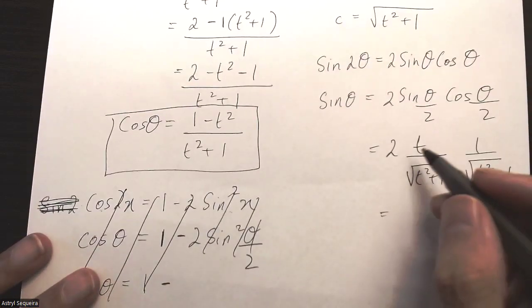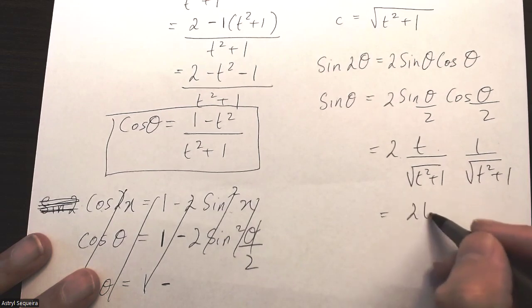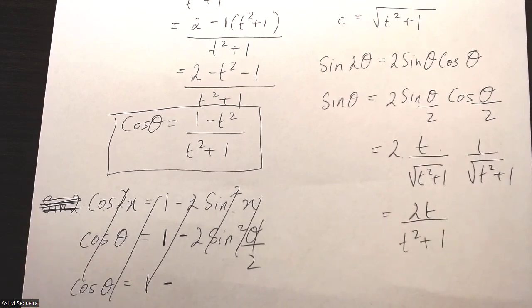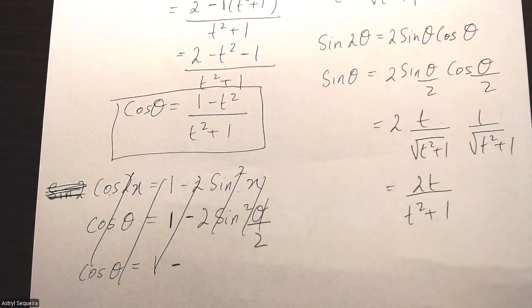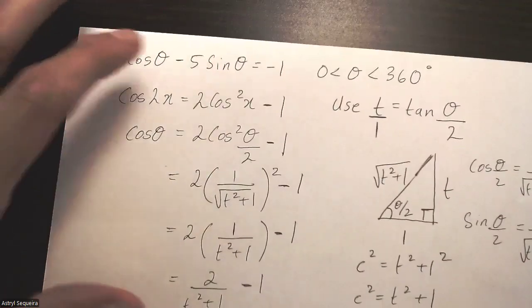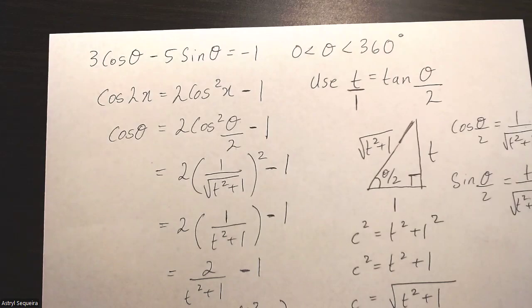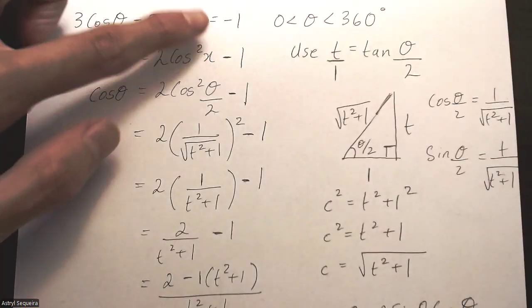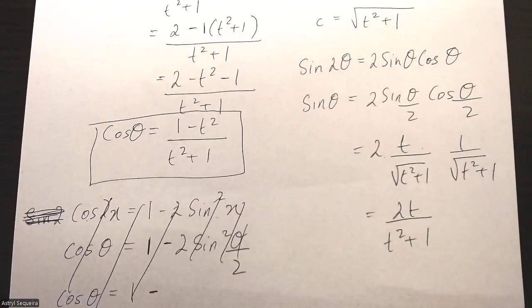Then just multiply these. 2 times t times 1 is just 2t. Root of this times root of this is just t squared plus 1. So now that I've found sine and cos theta, I just have to replace them back into my original equation over there and solve it. So I'm just replacing cos with this over here and sine with this over here.